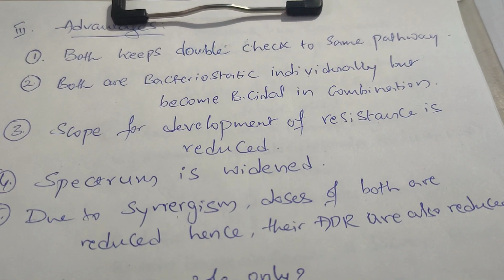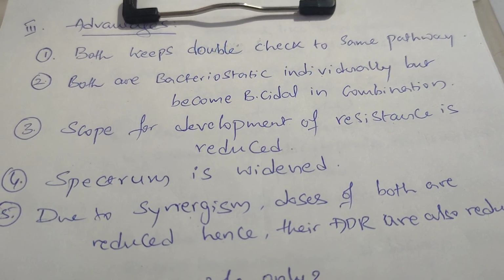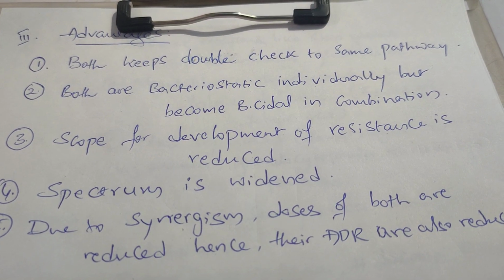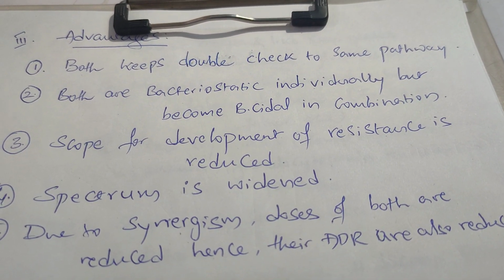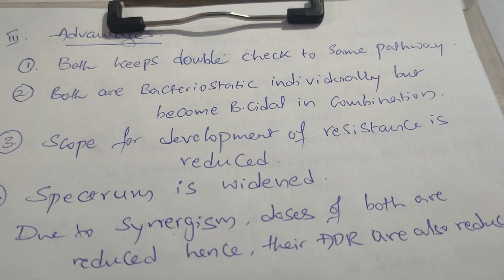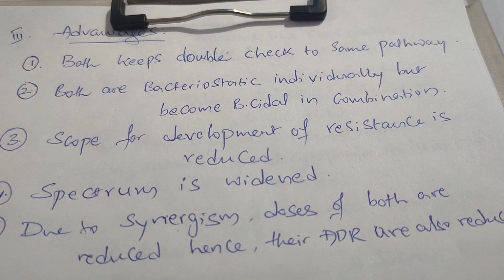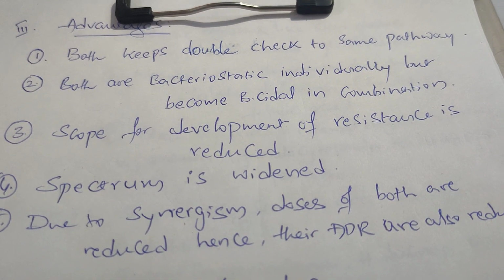So these are the advantages of combining. Somebody may ask why both drugs are combined, and you should justify with these five reasons: double check on the same metabolic pathway, bacteriostatic agents becoming bactericidal in combination, less scope for development of resistance, widened spectrum, and due to synergism, reduced doses of the individual drugs and thus reduced adverse effects.